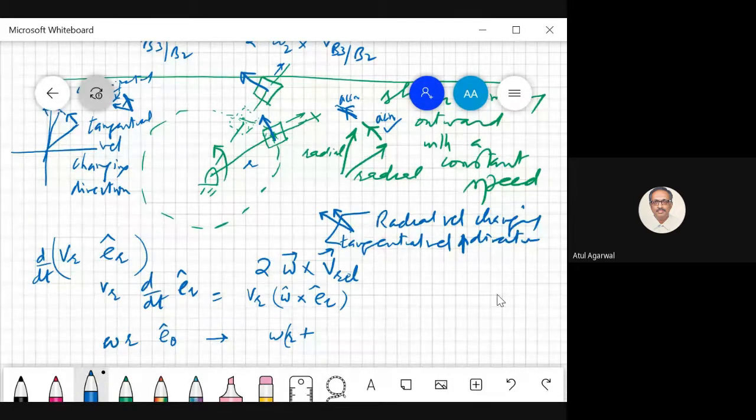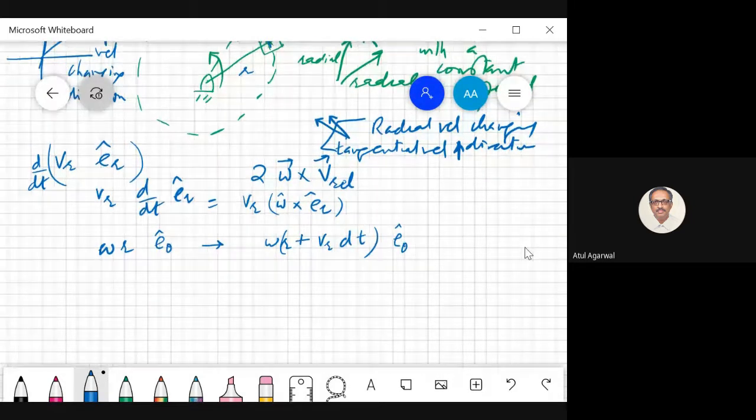Now r is at a greater distance. So v_r dt, this is your new r: initial r plus extra distance traveled in time dt because of radial velocity, into e theta. e theta is the direction.